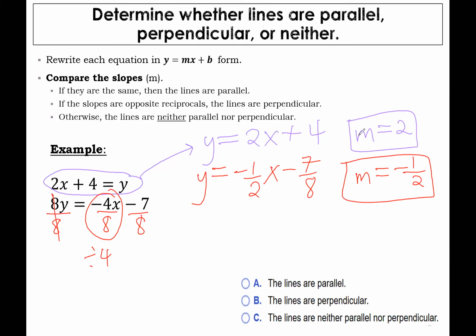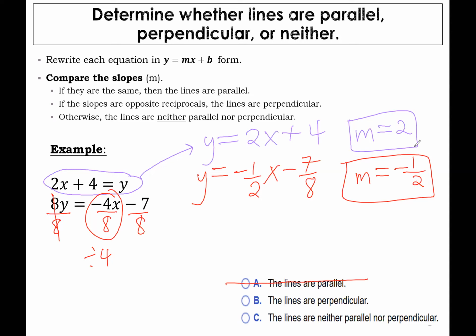Okay, so let's compare these slopes. I hope you can see they are obviously not equal to each other. So are the lines parallel? Absolutely not. So we would definitely not choose that they're parallel. No, that's only if the slopes are the same. So now we have to ask, are they perpendicular? Well, are these numbers opposite reciprocals of each other?